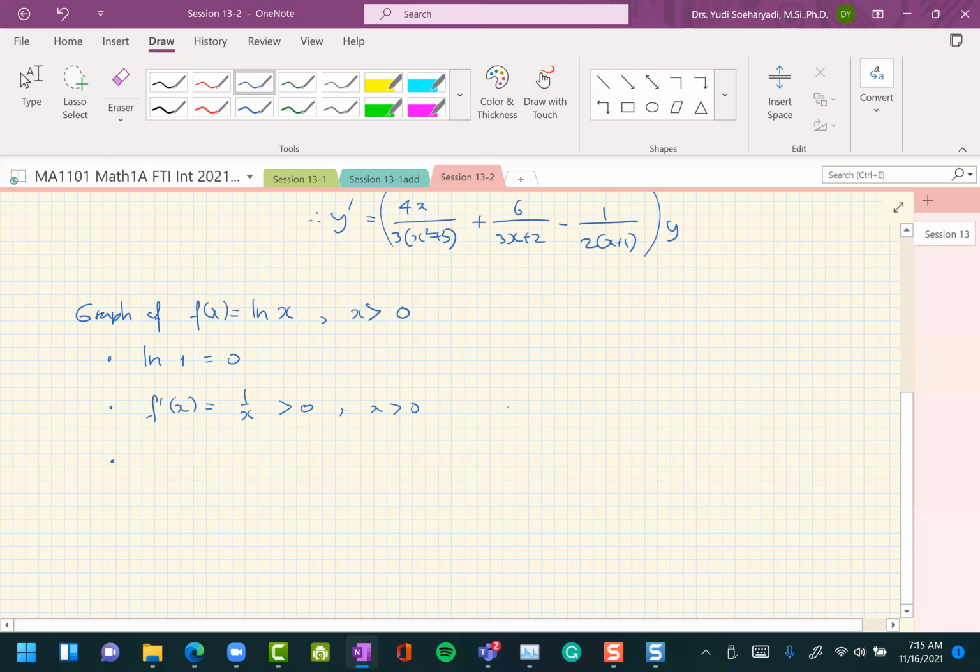So this is the sign chart, positive all the way. And the second derivative is now easy, because the form is minus 1 over x squared. So this is negative for all positive x.